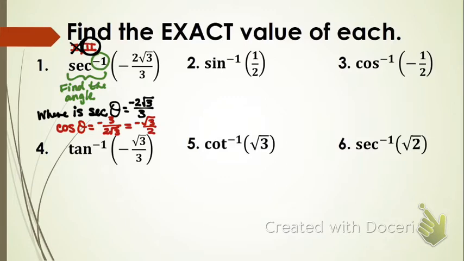You guys following how I'm getting there or no? Because I'm happy to break it down more if I need to. So where is cosine negative radical 3 over 2? Pi over 6. Did I say that right? Yeah, 5 pi. I missed the 5 part. 5 pi over 6.